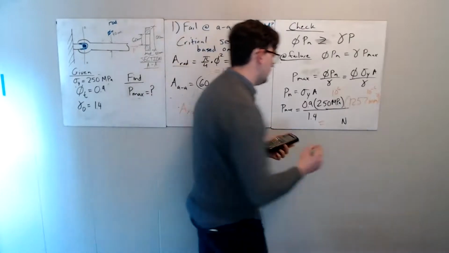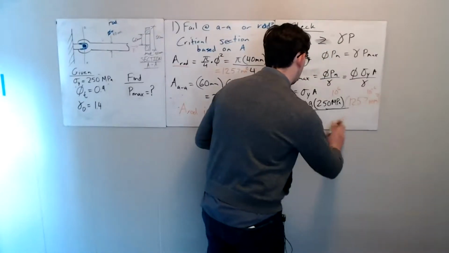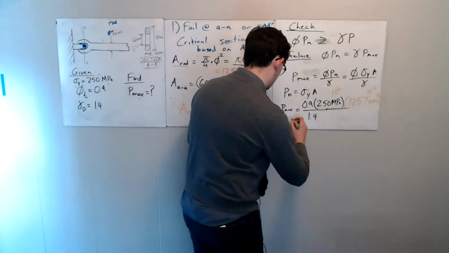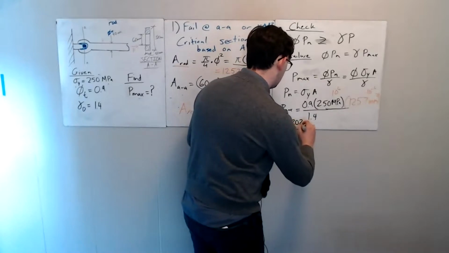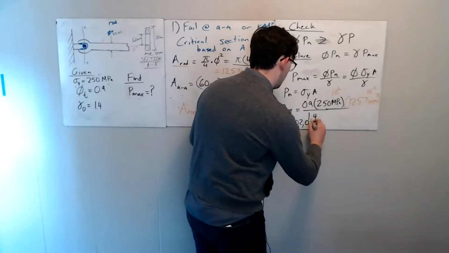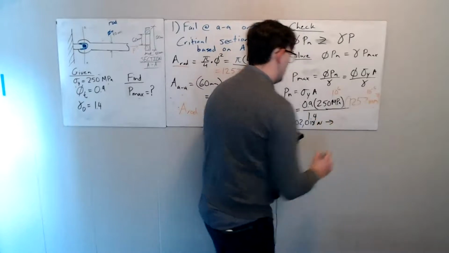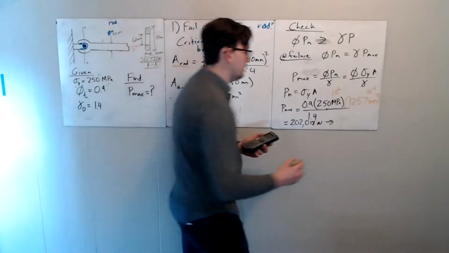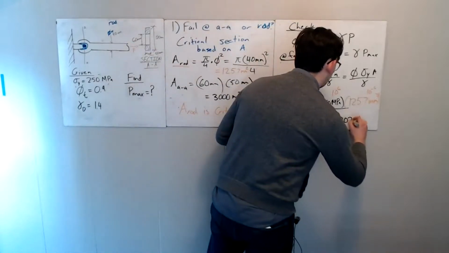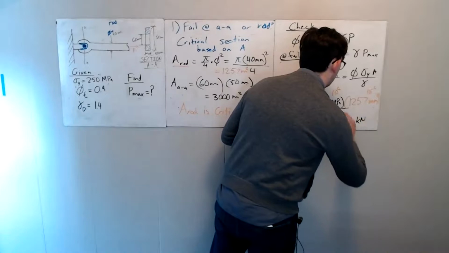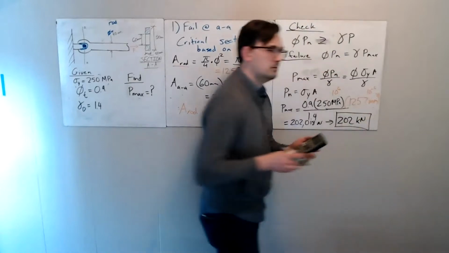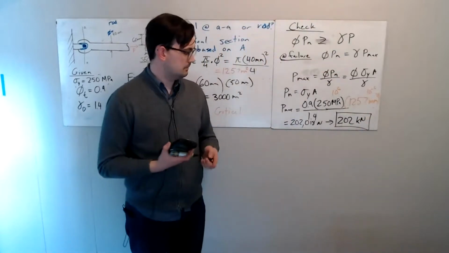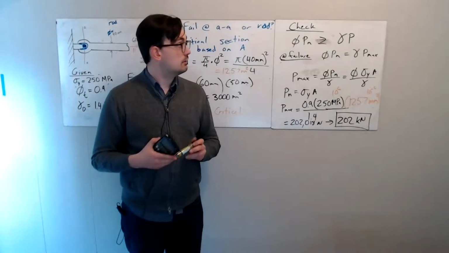That number that we find is going to be, write it over here, is 202,018 newtons. And in engineering, right, we're always going to go to 3 sig figs. I'm going to say that this is just 202 kilonewtons. That's where we want to stay. And that's how we solve this particular one.